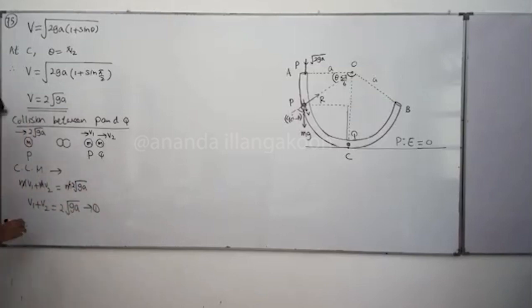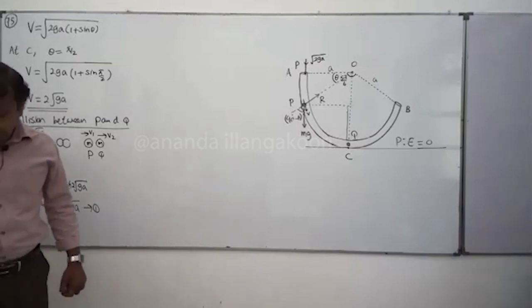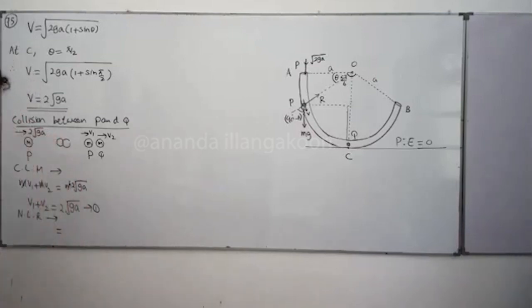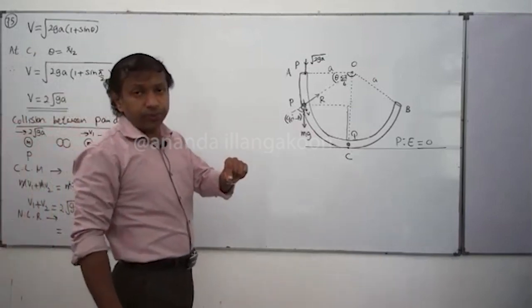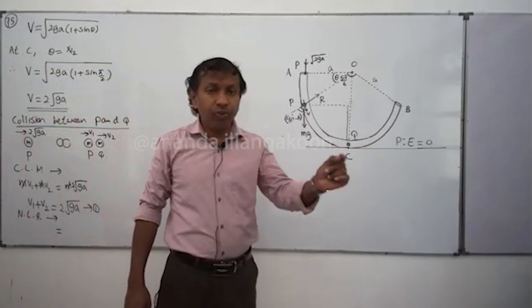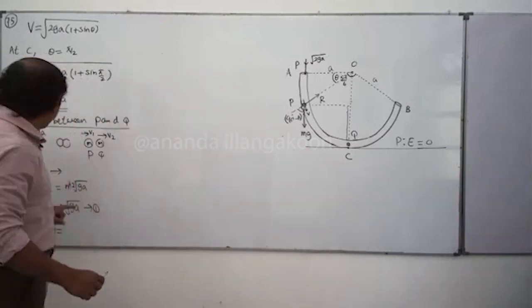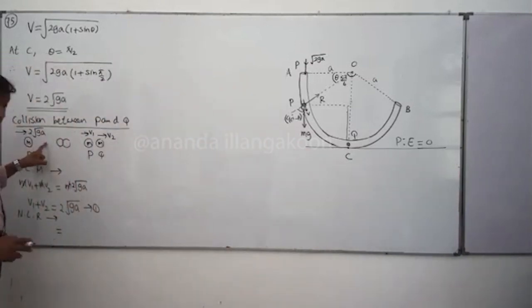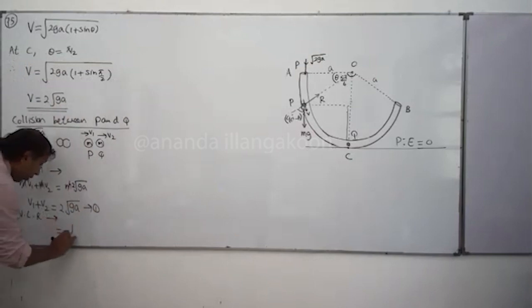Now we can apply Newton's law of restitution in this direction. We are given the coefficient of restitution as half. Then what is Newton's law of restitution? Minus e times the relative velocity before impact. Before impact only P was moving, Q was at rest, right? So minus half times 2 root gA.